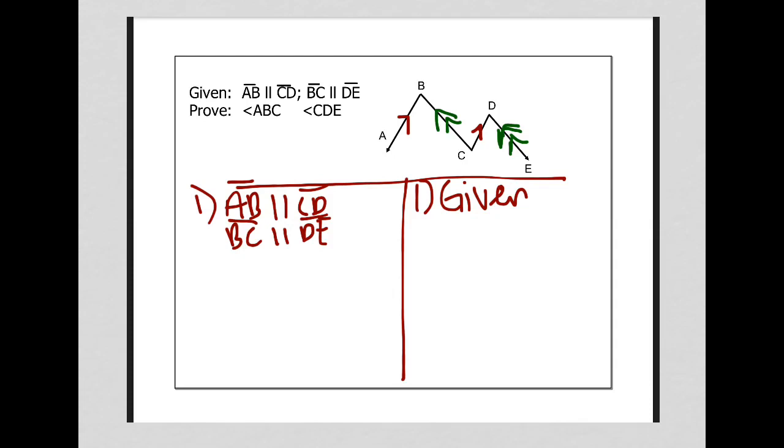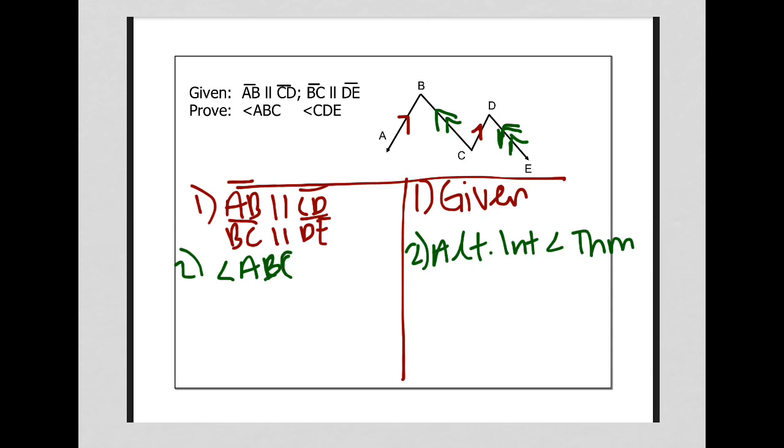From there, we can use the alternate interior angle theorem, and we can say that angle ABC is congruent to angle BCD.